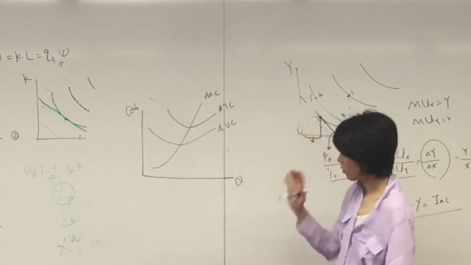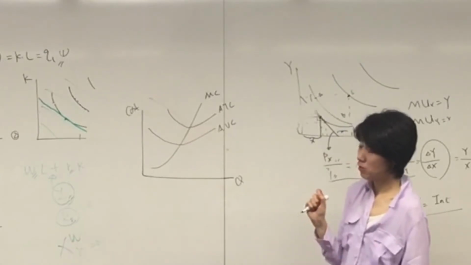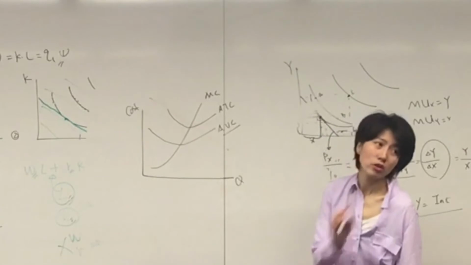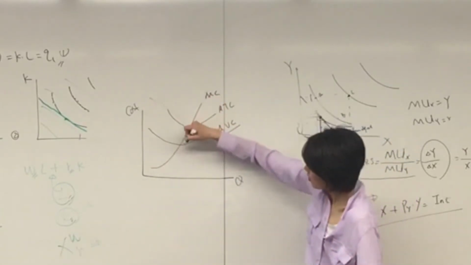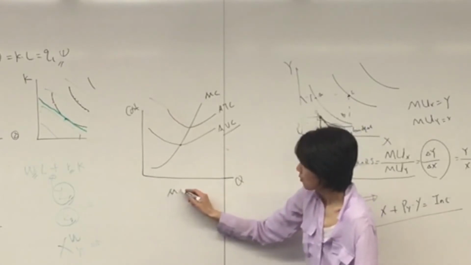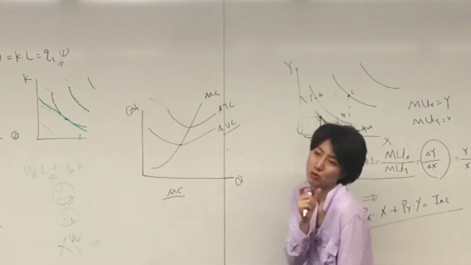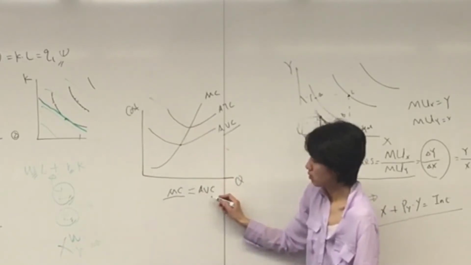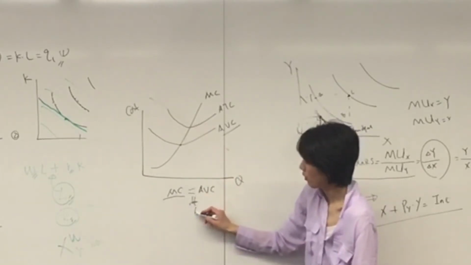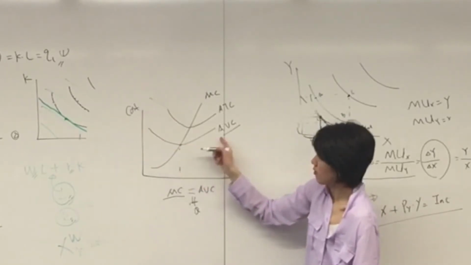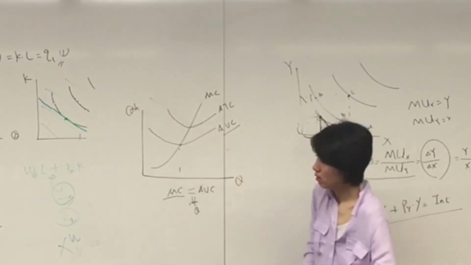If a question asks you to determine the quantity that minimizes average variable cost, you need to know that marginal cost passes through the minimum level of average variable cost. I give you the mathematical expression for marginal cost, make that equal to average variable cost, and then you can solve for Q, and that Q is the quantity that minimizes average variable cost.